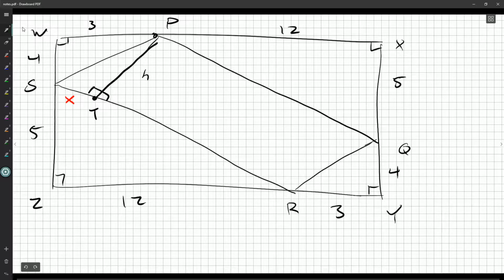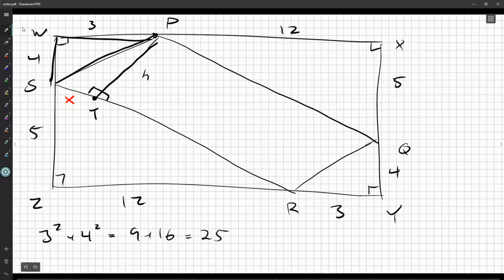Well, we've got a right angled triangle up here with TWS, and so the sum of the squares of the legs must be the same as the square of the hypotenuse. So you use the Pythagorean theorem, and we see, oh, okay, you'll get a 5 here. You'll also get a 5 down here, same triangle.